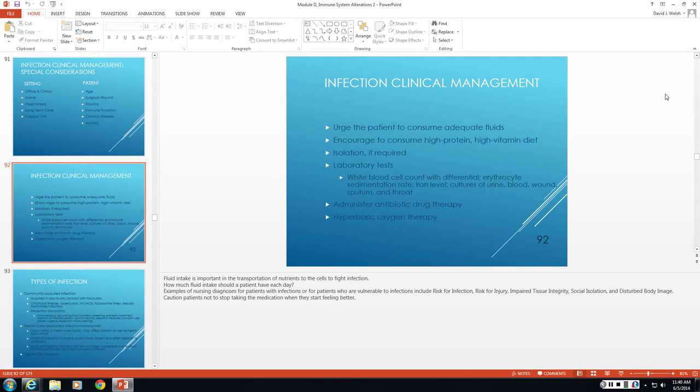In fighting infection, building the immune system up. You're going to put them in isolation if it's required. You're going to run laboratory tests. So you're going to check on the white blood cell count, the ESR, their iron level. You're going to culture the urine, blood, any kind of wound or throat cultures.